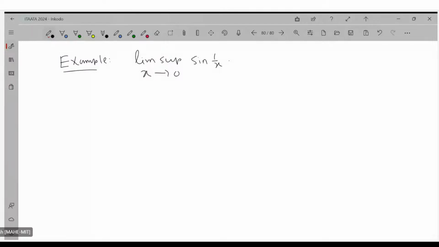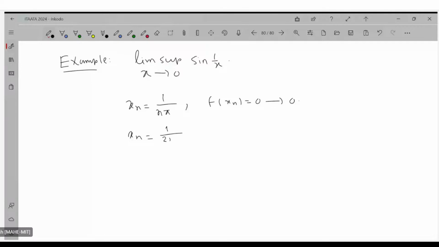You can have a subsequence, xn equal to 1 by n pi, which gives you 0. So if xn is 1 by n pi, then f of xn will be 0 and this will converge to 0.